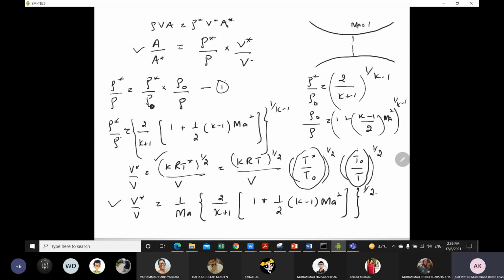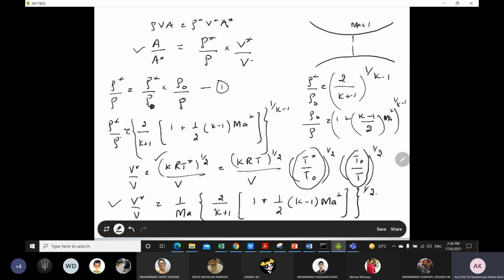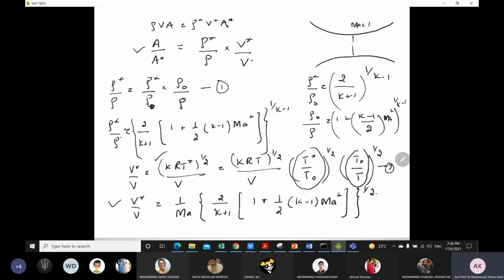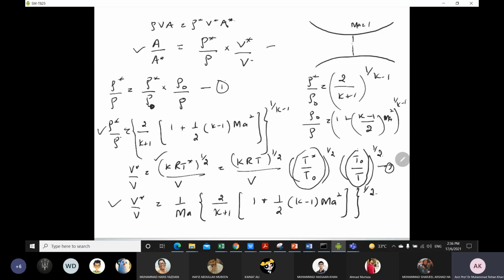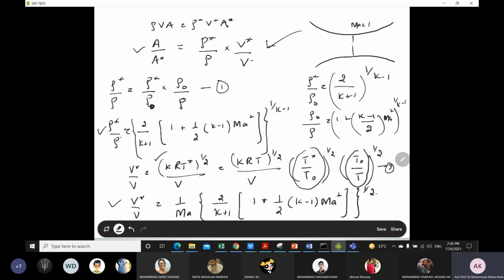So this is the final term for V star by V, after putting the T star by T naught value and T naught by T value. This is equation number 2. Now we have two values, so you simply put these values in the equation here and you can easily find the A by A star value. You can note it down and then we will move toward the next slide.